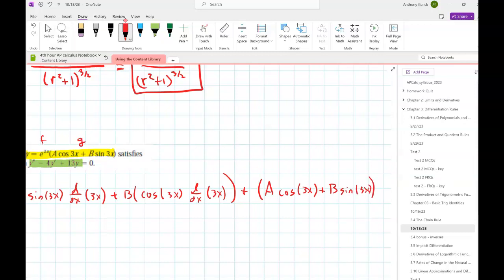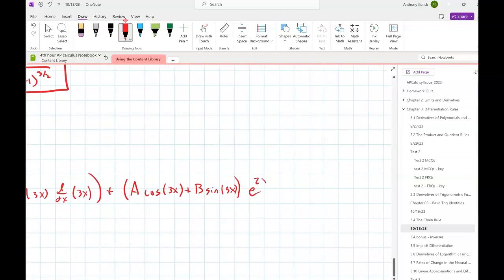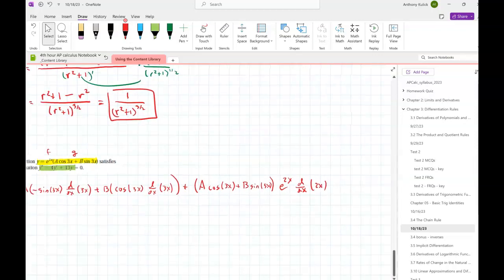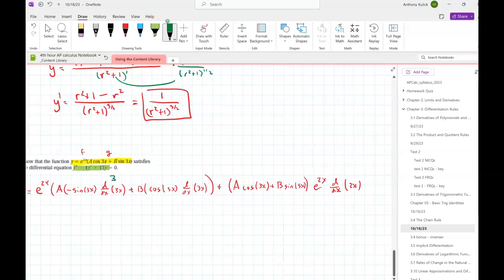And then to do the derivative of e to the 2x is a chain rule. So derivative of the outside is just e to the 2x. We have times the derivative of 2x. So derivative of 3x is just 3, and the derivative of 2x is just 2.